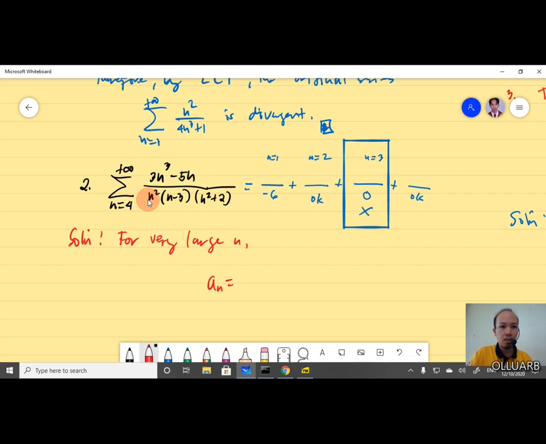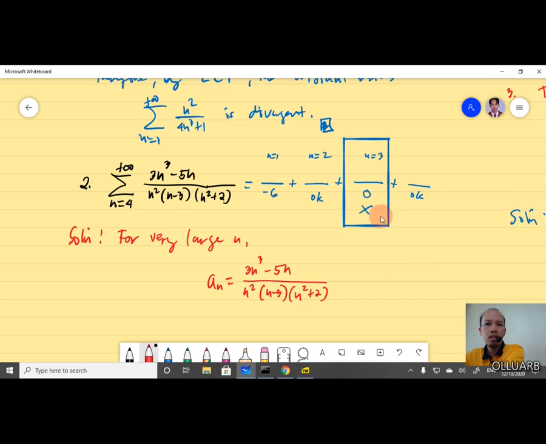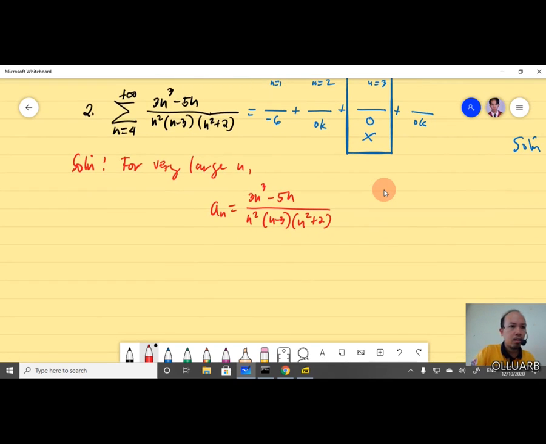an, which is equal to 3n cubed minus 5n over n squared times n minus 3 times n squared plus 2, behaves like... The highest exponent in the numerator is this one.